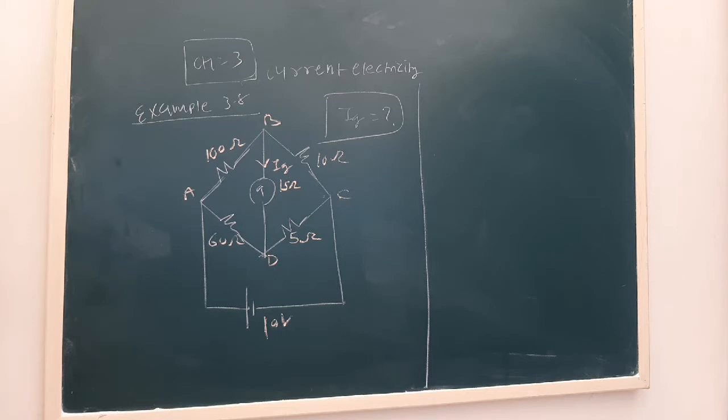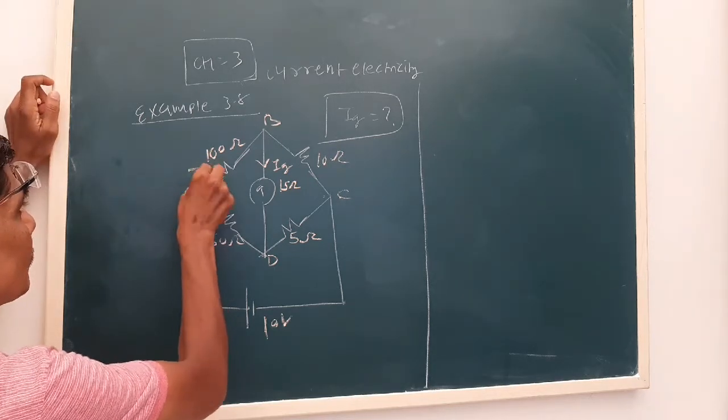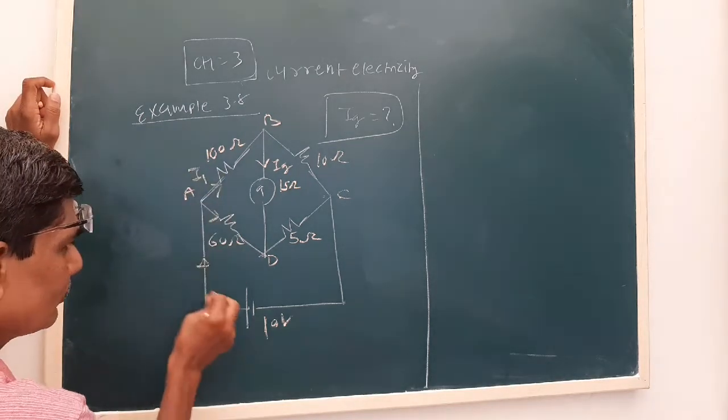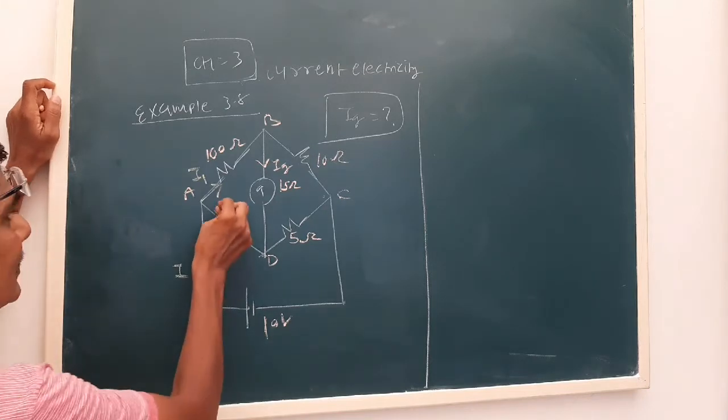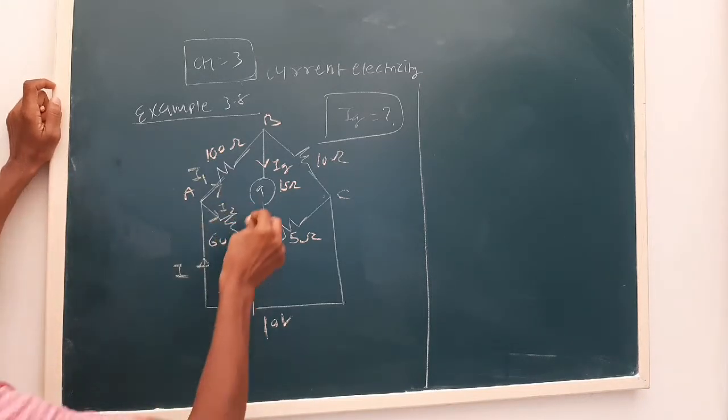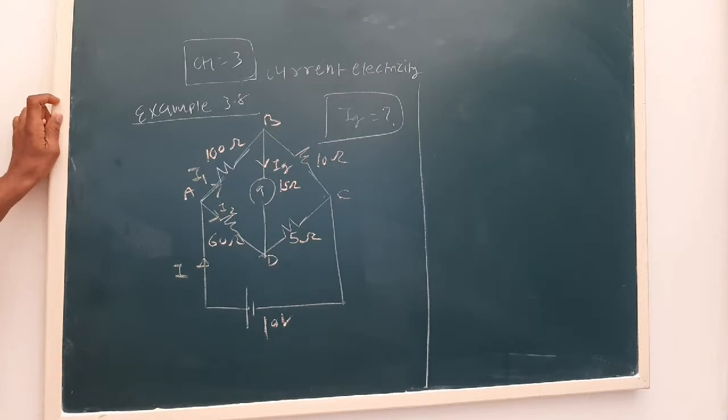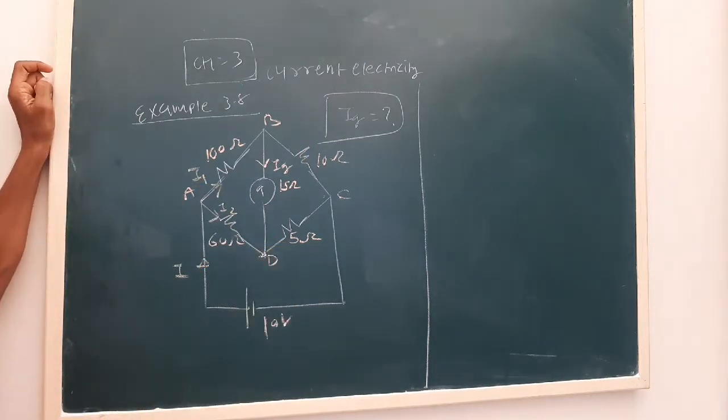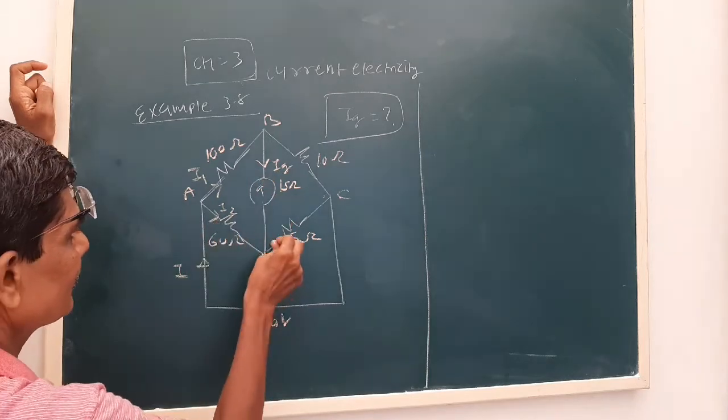Now let us say the current here is I1. The total current is I from the positive of the battery. Say here it is I2. Now the current in the galvanometer is Ig, which has a resistance of 15 ohm. So what is at point D? The current will be Ig plus I2.